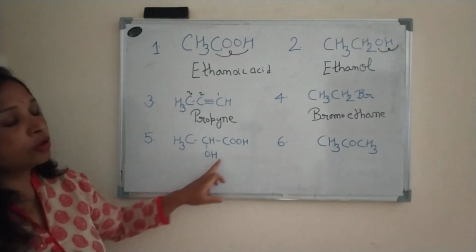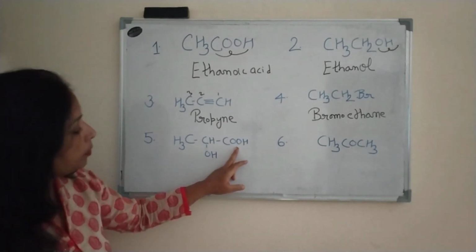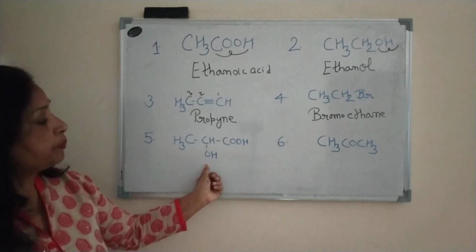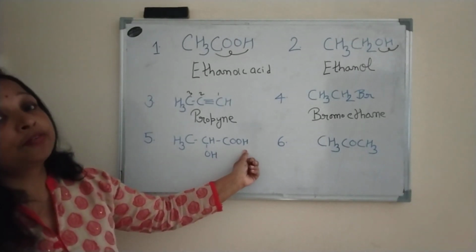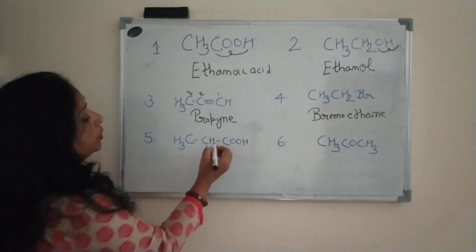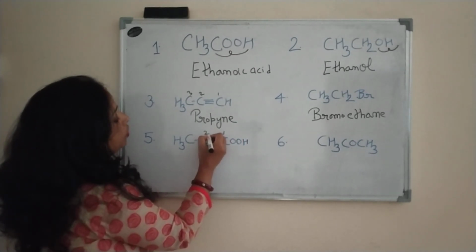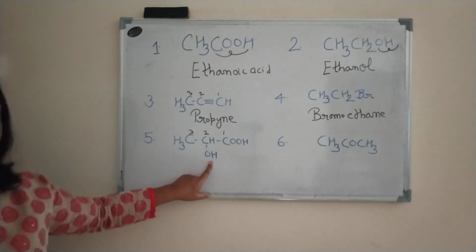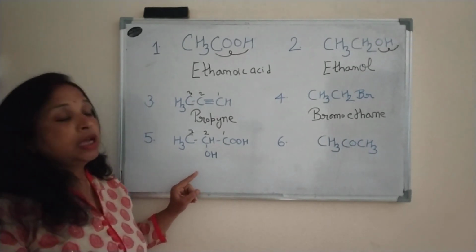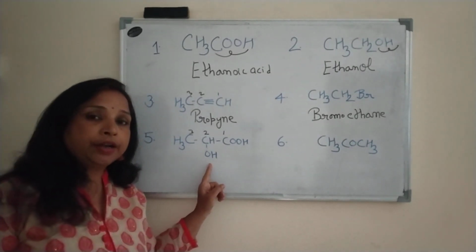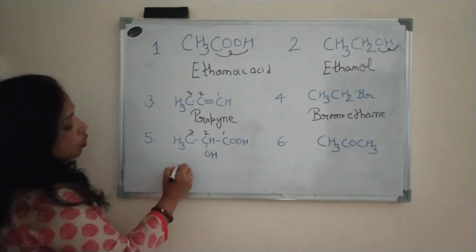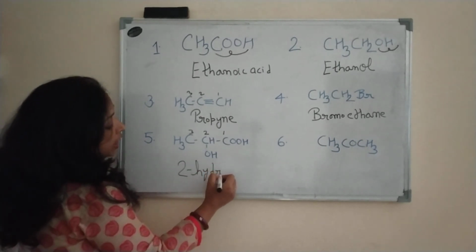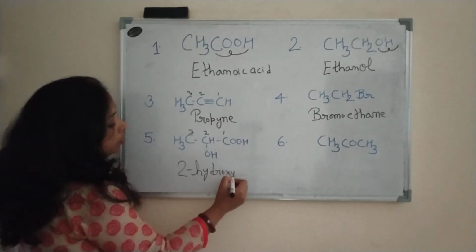Now move on to the fifth one. Here 2 functional groups are present. The first is the carboxylic group and the second is the OH group. We have to give preference to carboxylic acid, and number starting from the carboxylic group: 1, 2, 3. For OH we use the prefix, and the prefix of OH is hydroxy. Why do we use hydroxy?